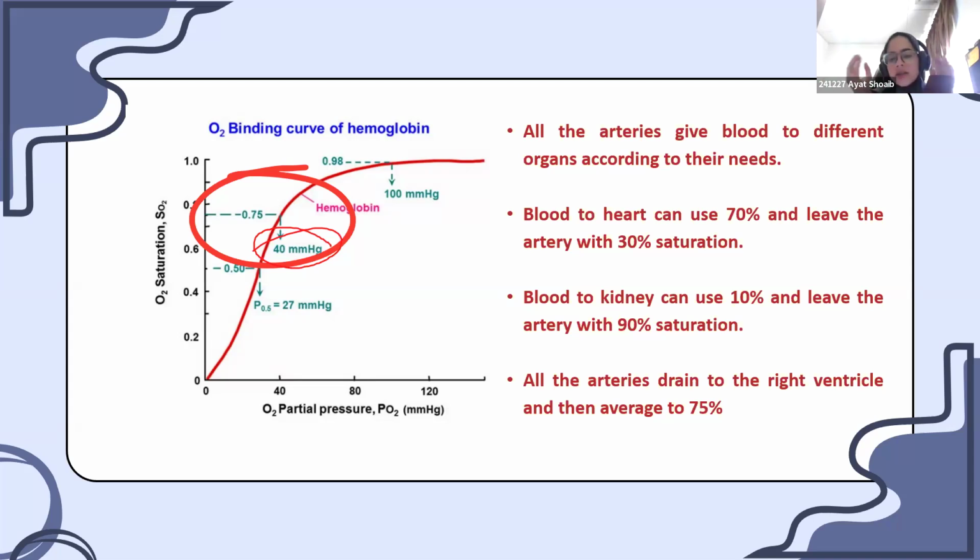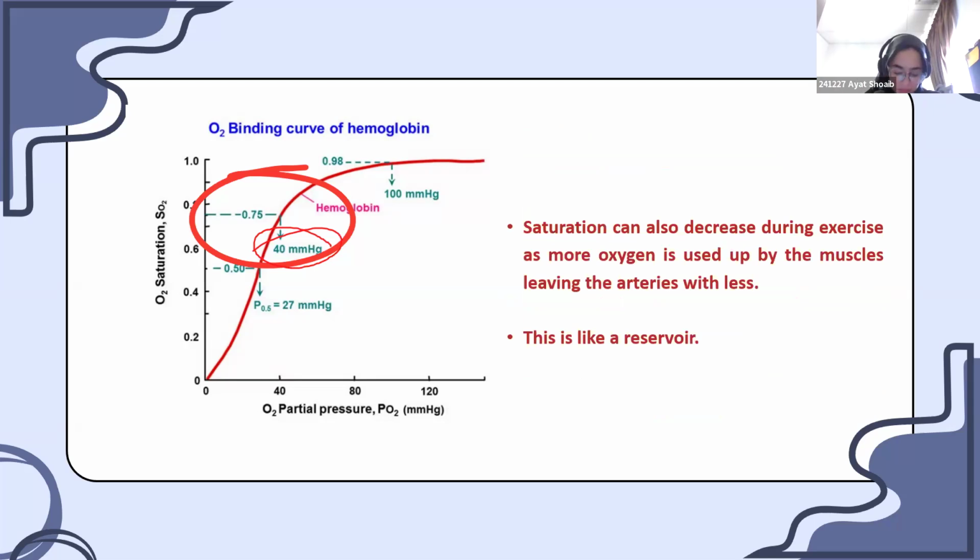All of it drains eventually into the right ventricle, and then the average is 75%. It's not that the heart uses 25% and gives you 75%, and the kidney uses 25, 75. No, all of it averages to 75%, and it drains into the right ventricle, and from there it goes to the lungs to eventually be saturated, the 25% saturation, and then it's fully saturated, and then again it goes back to the tissues. It's the whole respiration cycle.